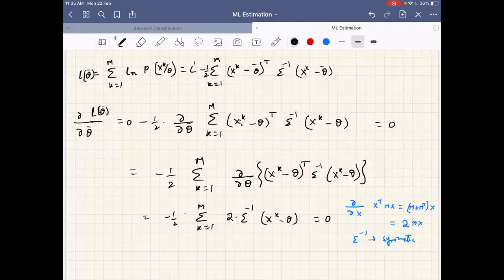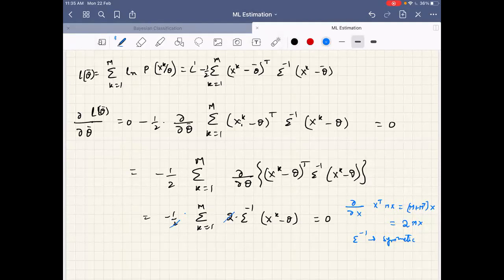Now I want to simplify this. I want a simplified answer. Who will help me to simplify this? Summation k equals 1 to m of xk minus theta is 0, basically.